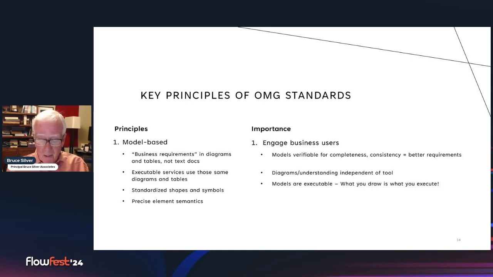So the models look the same and work the same in any compliant tool. And even better, the execution semantics of the shapes is also spelled out in a spec. So what you draw actually is what you execute. Engaging business users together with IT from the start of the project speeds time to value and increases user acceptance.